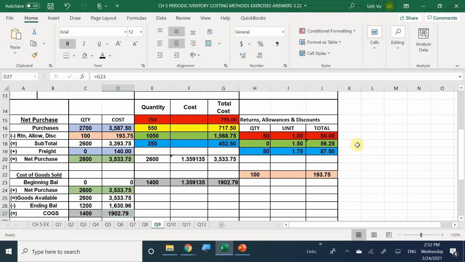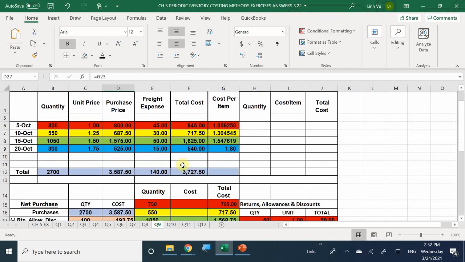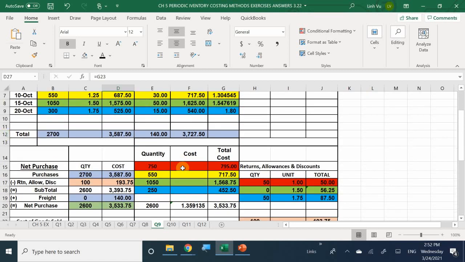Okay. So, once again, whether you like to use colors or not, if it helps you, utilize it, okay? In this case, we didn't really need to use the colors, but I just did it for you guys to understand where these numbers came from.